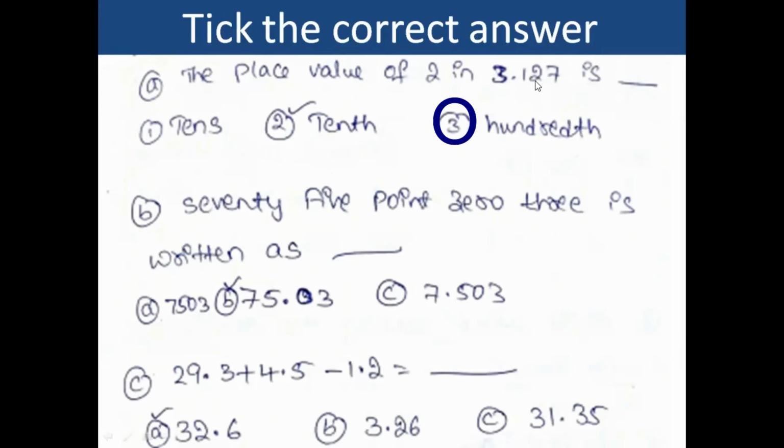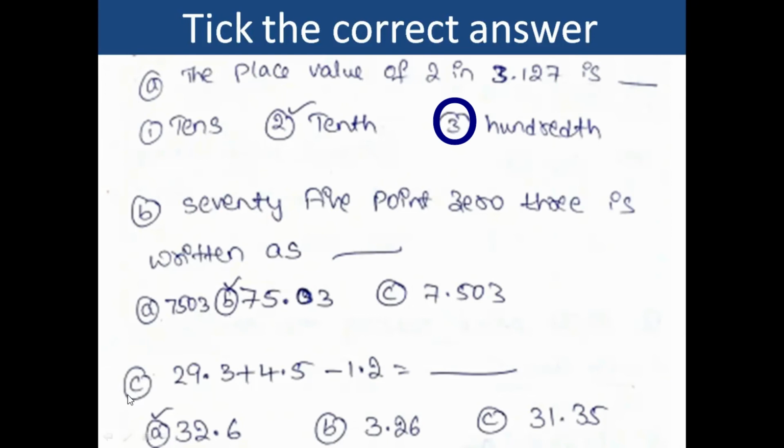So 2 is in the hundredths place. Answer is 3. Next, B1. 75.03 is written as... see in the question, 75. Where is 75? In B1 we have 75.03. Answer is B.